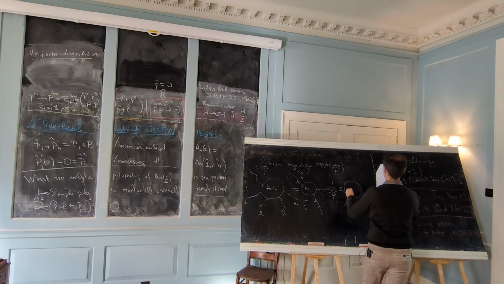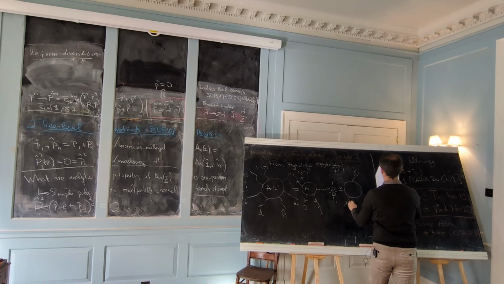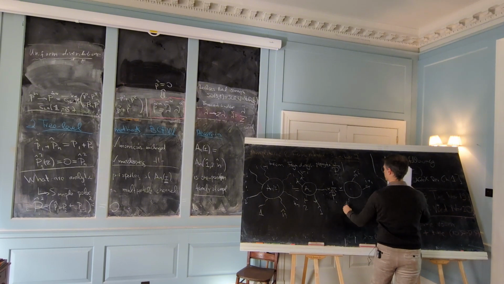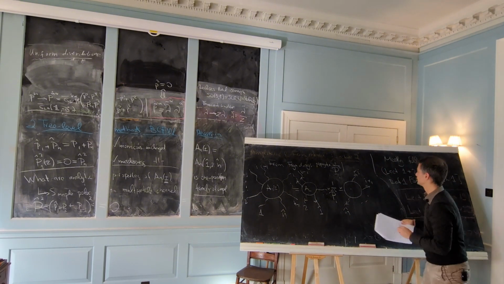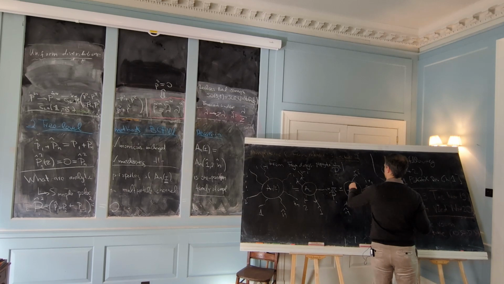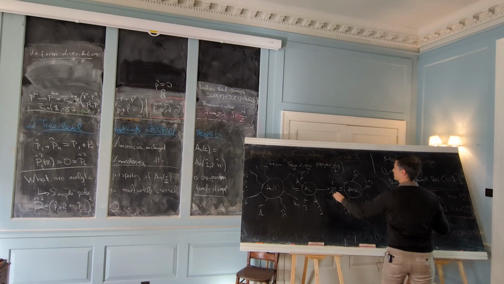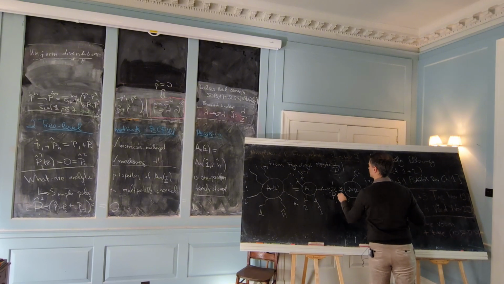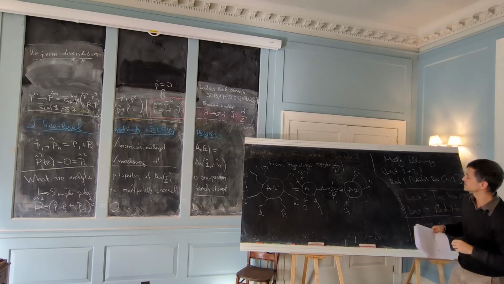This is i plus 1 all the way to n hat. Now that I drew it, we can think of the direction being going from right to left in this setting.